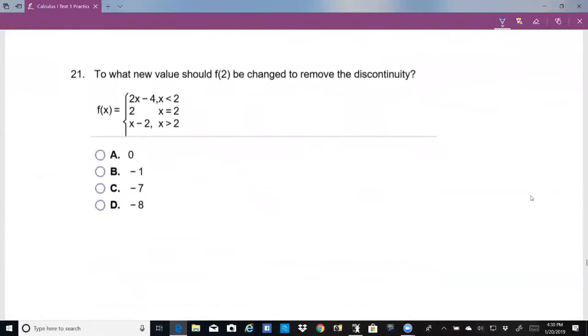Number 21, to what new value should f of t be changed to remove the discontinuity? Notice that we need to draw a graph of the function to really get an idea of what this looks like. If we just very simply draw a little scale here.